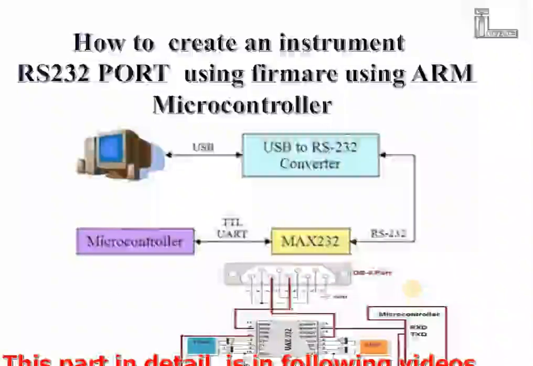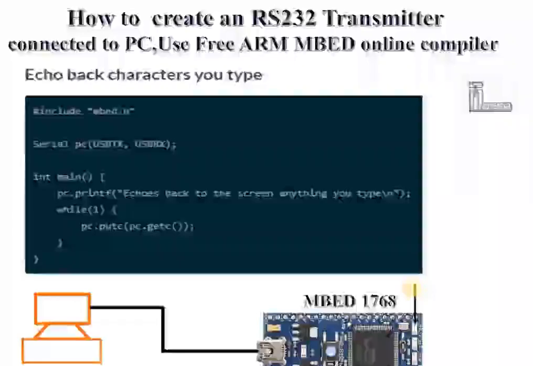Now the last one, how to create an RS232 transmitter connected to a PC using the ARM Mbed online compiler. There is a compiler called the ARM Mbed online compiler which is free.